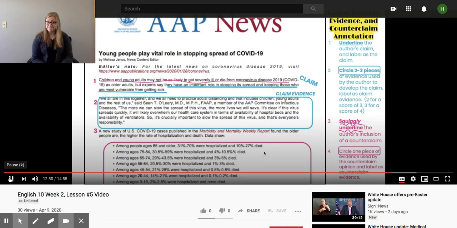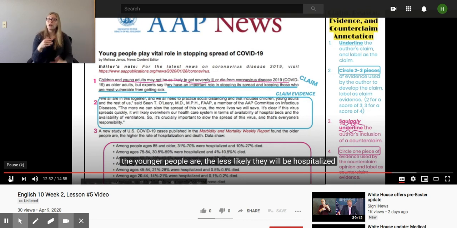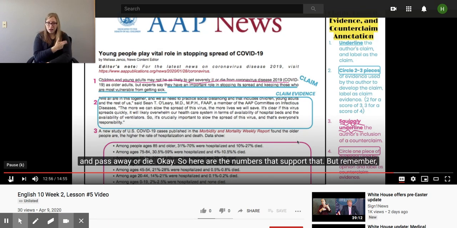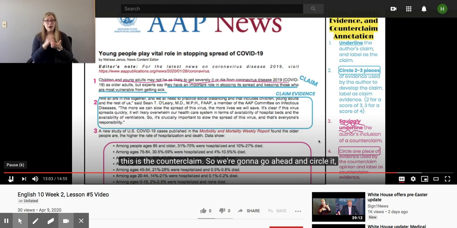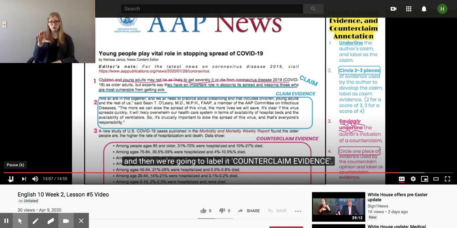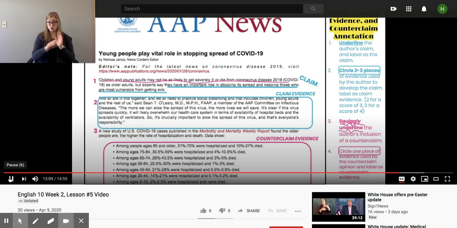It is true that the younger people are, the less likely they'll be hospitalized and pass away or die. Okay, so here are the numbers that support that, but remember, this is the counterclaim. So we're going to go ahead and circle it, and then we're going to label it counterclaim evidence.